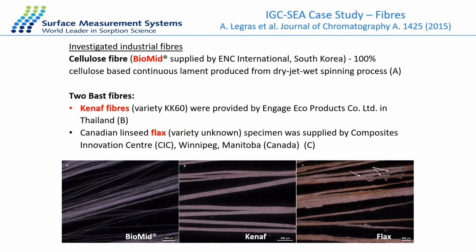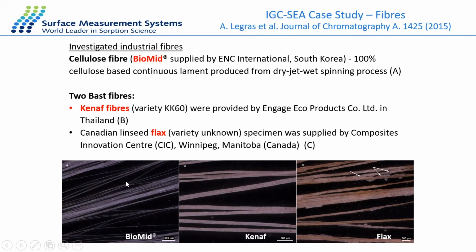So just quickly, I'd like to show you a case study on the BET surface area analysis of some natural fibers. During this study, we analyzed 3 different fibers. One was a cellulose fiber, which you can see in the first picture from the left side. It's a viscose fiber, and you can see the surface of this cellulose fiber is quite uniform.